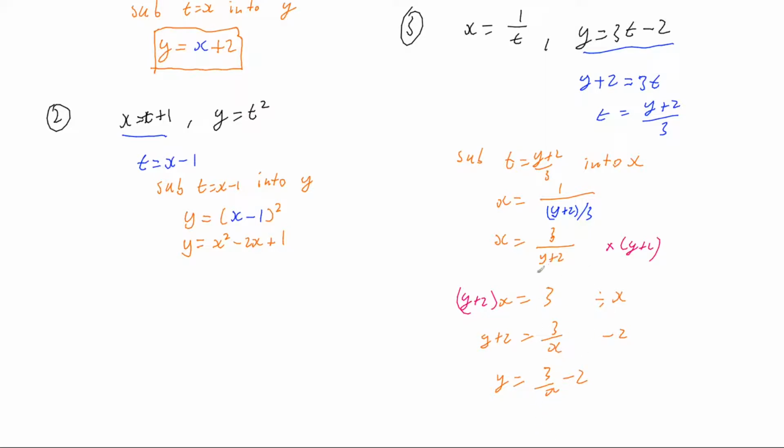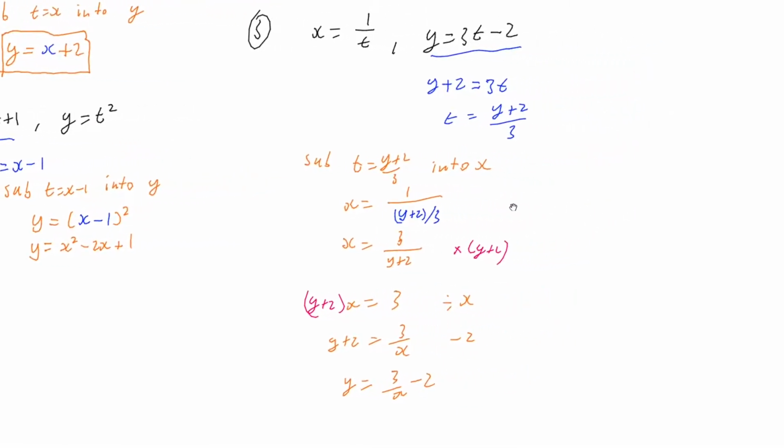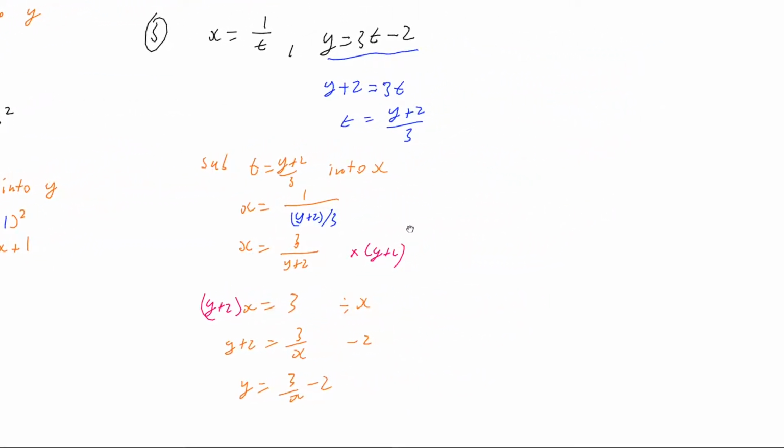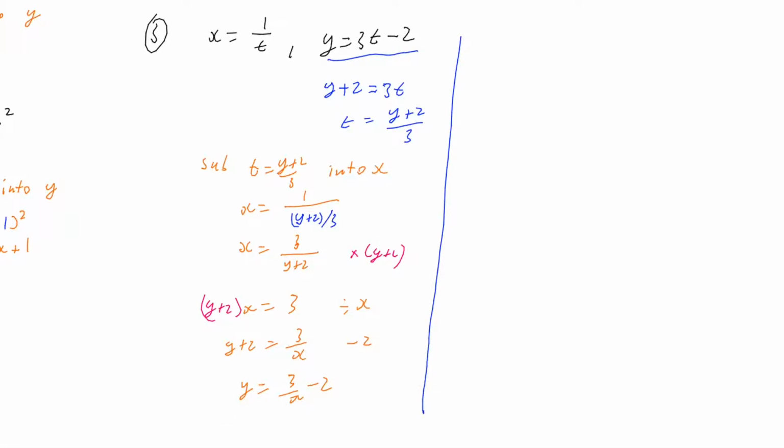Now that wasn't the only way to solve this one. It wasn't the only way to solve any of them. In fact, I think I might have taken the longer path. If I go back to the start and instead pick the x equation, I've got x equals 1 on t, which means that t times x equals 1, which means that t equals 1 on x.